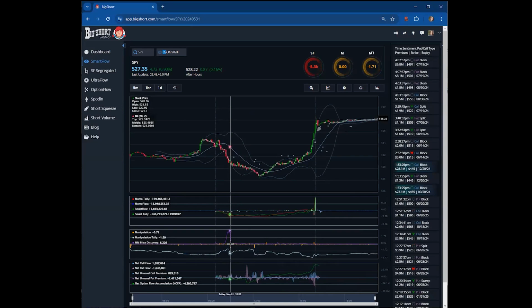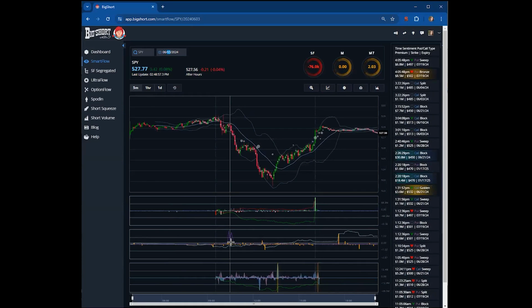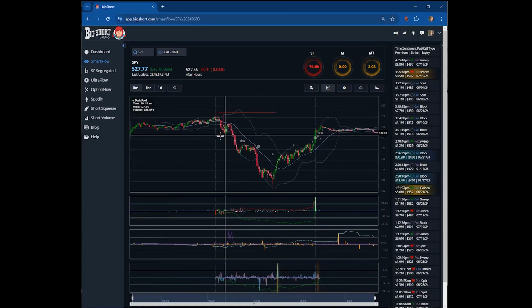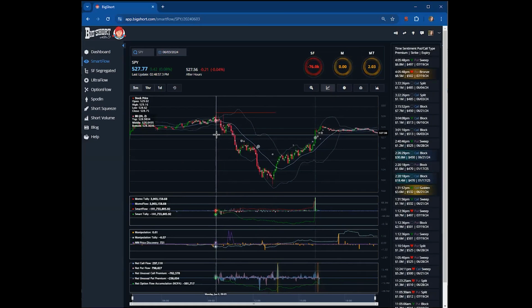The way that I use this is pretty simplistic. I told you guys before that I like to look at the range of the first hour of trading, and then I wait to see whether we get a clear and sustained breakout either above or below that range.